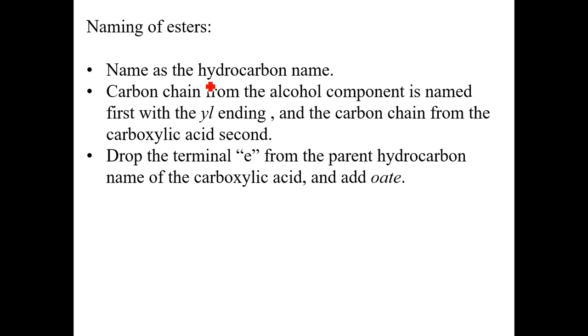So once again, you're just going to name them as hydrocarbons. The carbon chain from the alcohol, again, that one, as we just saw, is going to be named as a branch, so it will have the YL ending. And the other carbon chain that came from the carboxylic acid, that's the one that's going to be named second as the parent chain. You're going to drop the final E from the hydrocarbon parent chain, and you're going to change it to OATE.